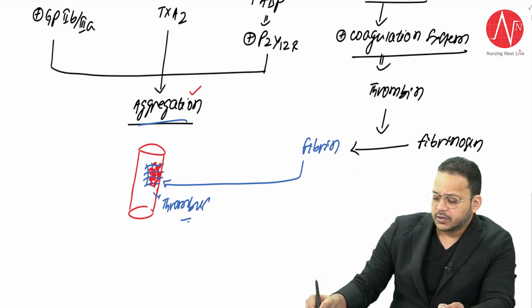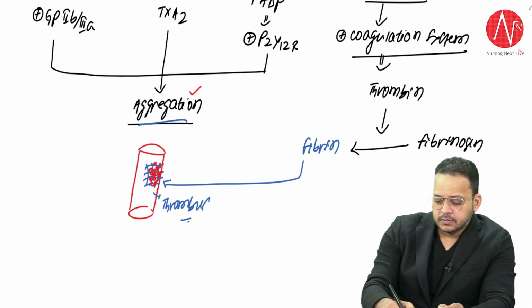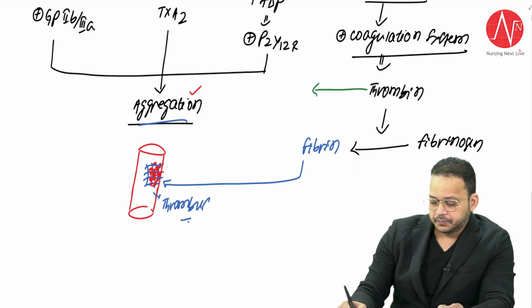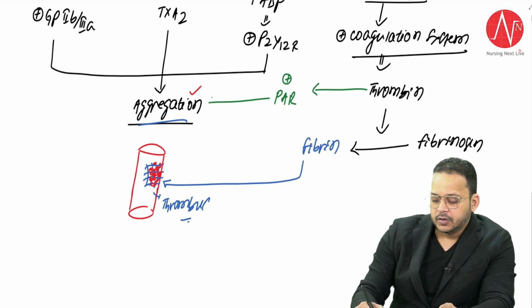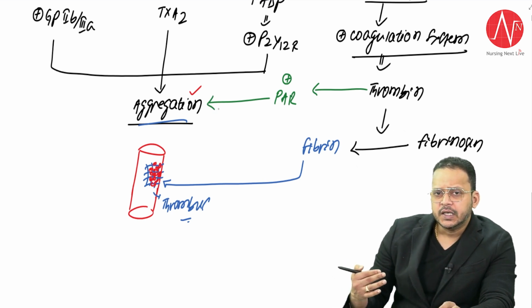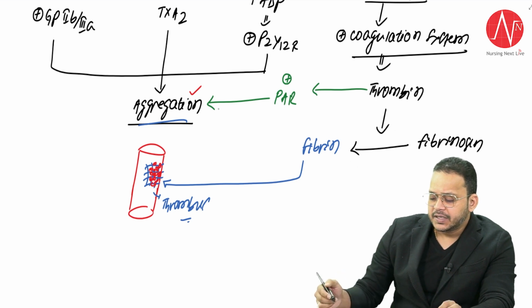Apart from this, thrombin also stimulates a receptor called protease activated receptor, which is also responsible for aggregation. So your coagulation system promotes both aggregation as well as the formation of thrombin.